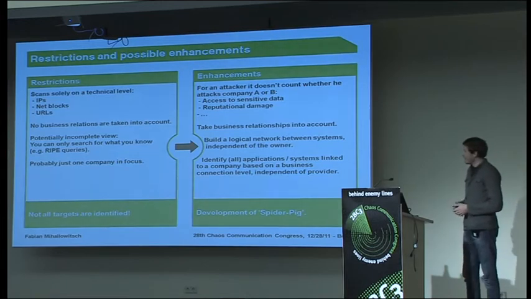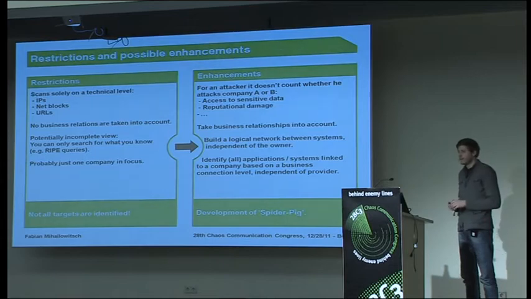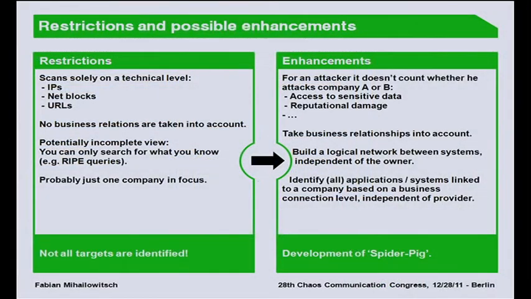Furthermore, we don't take any business relationships into account, and the enhancement might be to build a logical network of systems that are somehow connected together, independent of the actual owner of the system, just based on the goal to get your job done, to reach the goal you have.